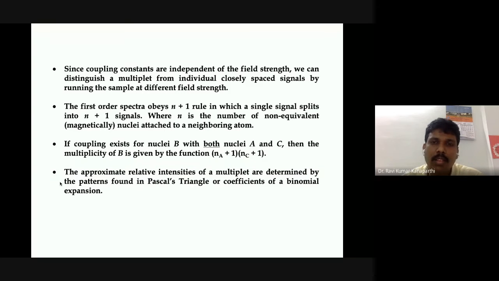Please remember that the resolution always increases, because as you increase the strength of the magnetic field, the separation increases, and naturally the separation between closely resonating peaks is also modified, and then we will see nicely well resolved peaks.